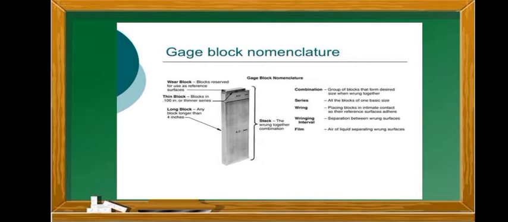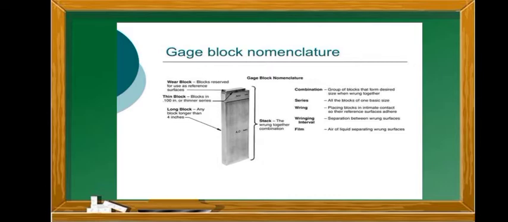So ringing or ring or rung refers to placing blocks in intimate contact, so the reference surfaces adhere. Later on, we are going to discuss how to ring, or the ringing process.